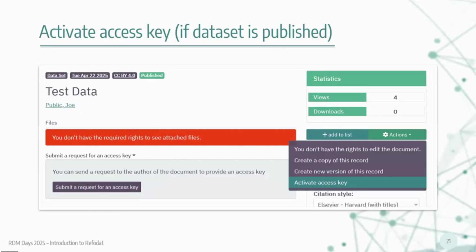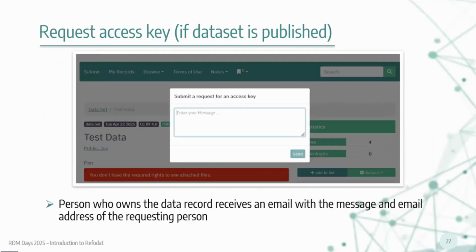I've got here a screenshot of a test data set. And we'll then go to actions, activate access key, and be able to access the data set that way. And the person who owns the data record then receives an email with the message and the email address of the requesting person.